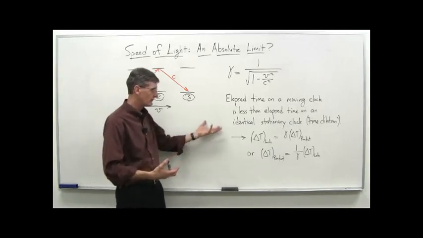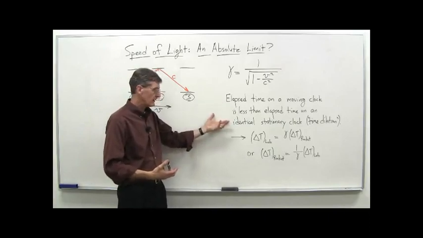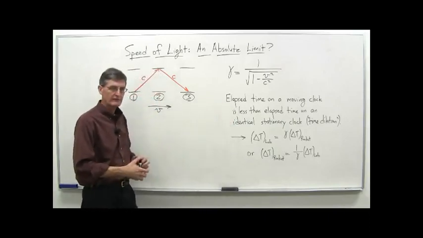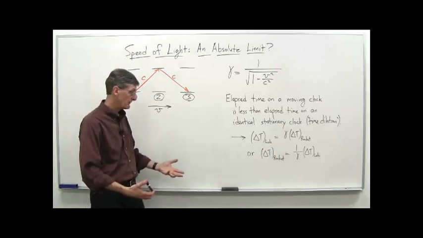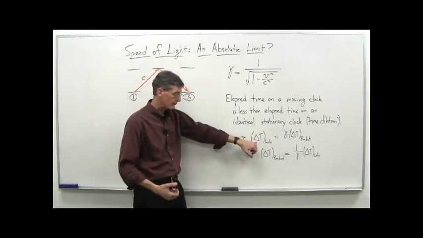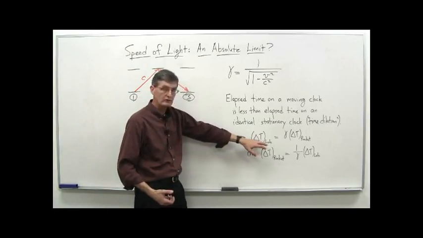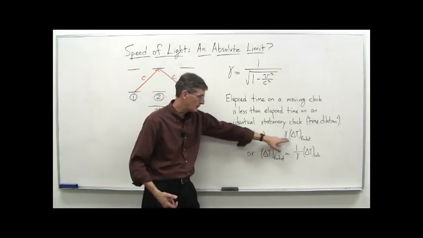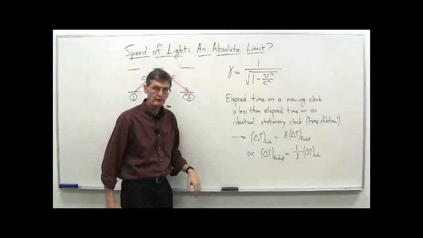But just to remind ourselves, time dilation: elapsed time on a moving clock is less than the elapsed time on an identical stationary clock. Here was the formula. Delta t, the elapsed time that we'd measure in the lab, is gamma times the elapsed time on the rocket clock.